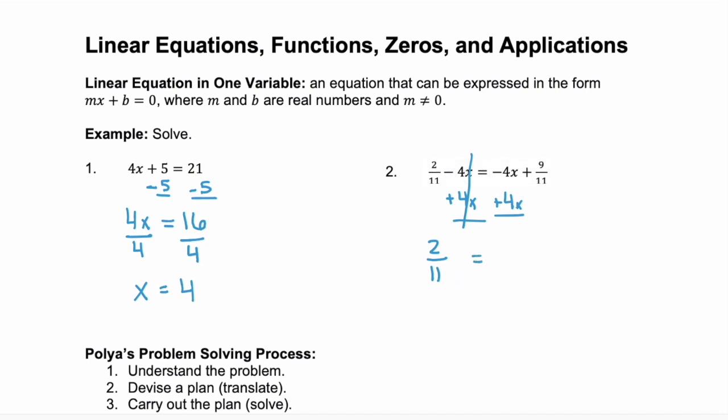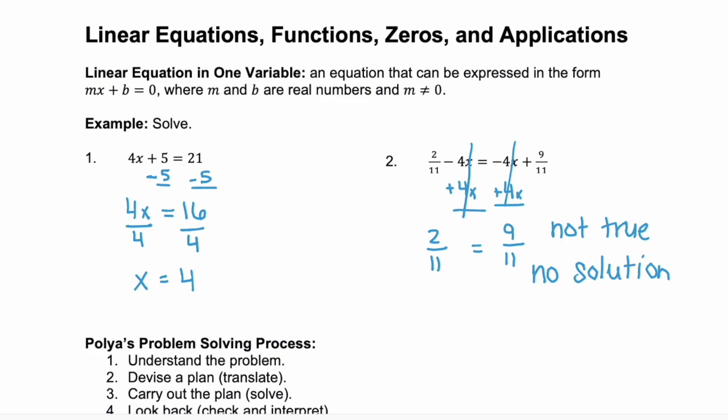But on the right, the 4x being added cancels out that negative 4x as well, and we're left with 9 over 11. Well, 2 over 11 does not equal 9 over 11. This is not true. And because this statement is not true, we do not have a solution for this linear equation. So we'll just write no solution.